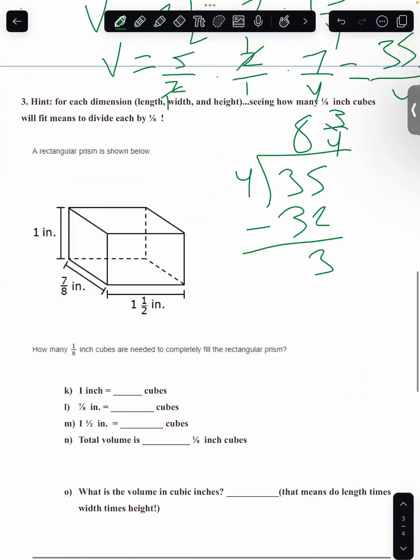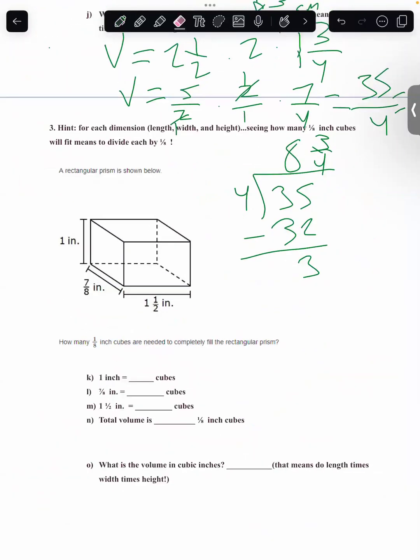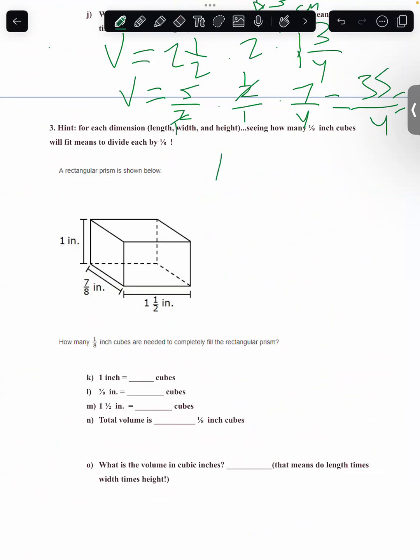All right, and this last one here is actually going to be 1/8 inch cubes. If you divide 1 inch by 8s, that's going to be 8 of them, but we're going to show the work anyway. So keep, change, flip. So it's 8 over 1 or just 8. 7/8 would hopefully be pretty obvious to you that that's 7 cubes, but we'll show it anyway.